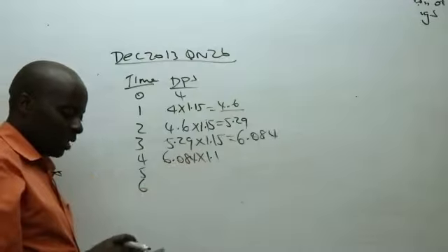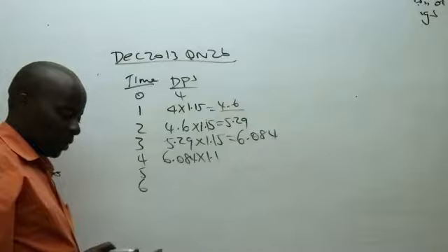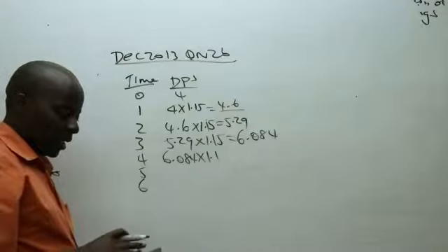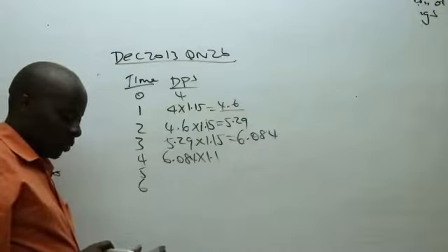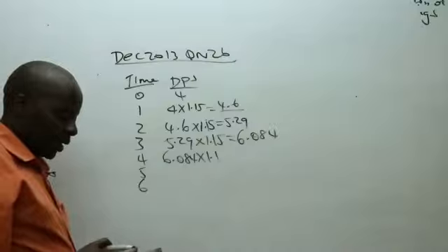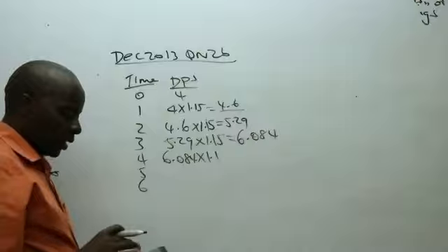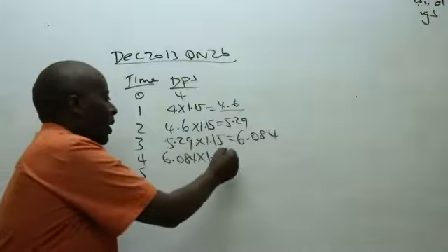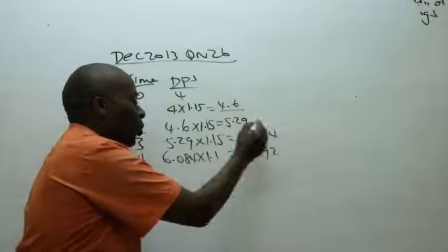So we have 6.084 times 1.1, which will give us 6.692.